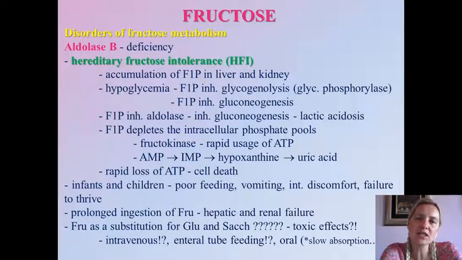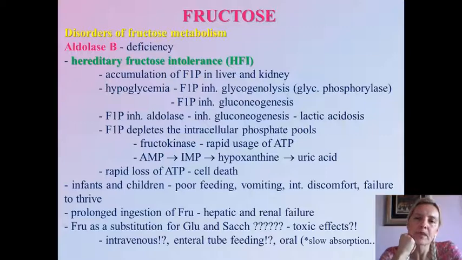So the phosphorylation of fructose is rather rapid in this case, and it uses a lot of ATP, which is converted to AMP, which can be deaminated to inosine monophosphate, and as a nitrogen base it has hypoxanthine, if you remember our practical exercise, and it's converted to uric acid, so you have one more adverse effect of this accumulation. Also, the rapid loss of ATP from cells may yield, in those extreme situations, cell death.